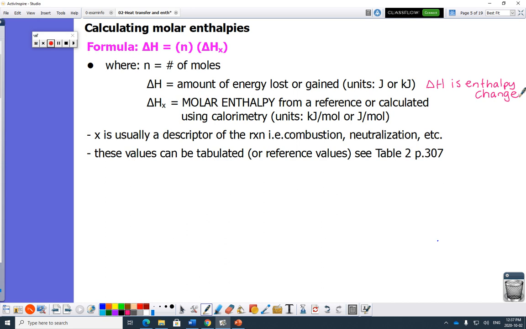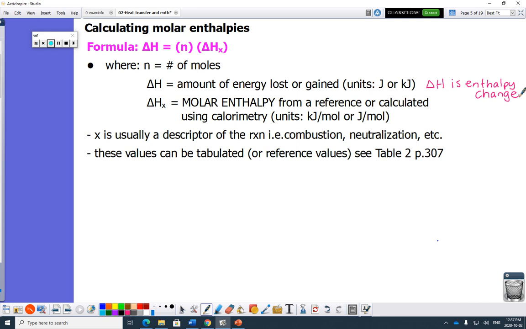If you're finding the enthalpy change, or how much energy is released or absorbed by a reaction, molar enthalpy is often a reference value, or we're going to calculate it today using calorimetry by the end. So it's the formula listed there, delta H equals moles times delta HX, and you can practically think about what it means.